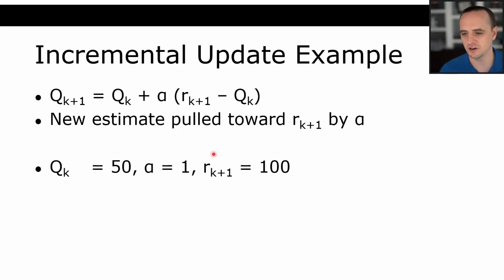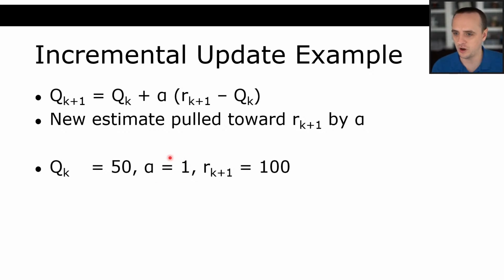Let's have a look at a numerical example. If our current estimate is 50, and our alpha is equal to 1. So alpha is between 0 and 1. If alpha is equal to 1 and we get a new sample of 100, so our current belief is 50 and our new sample that we just got is 100.